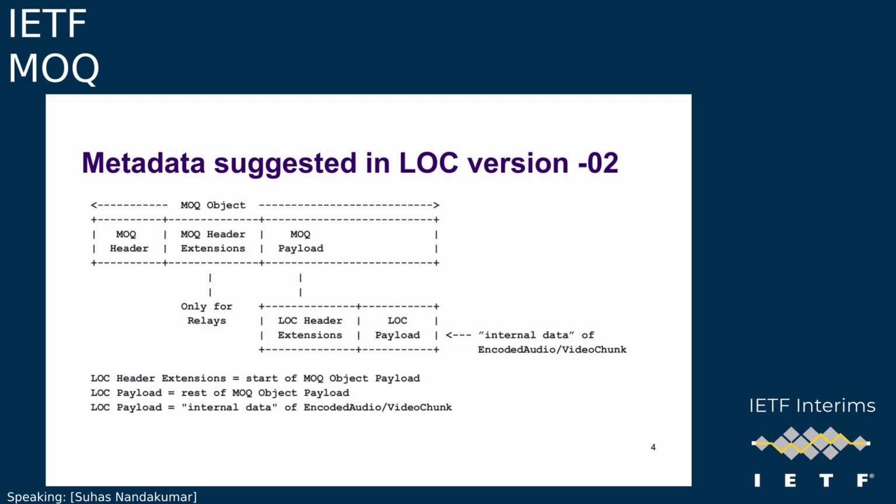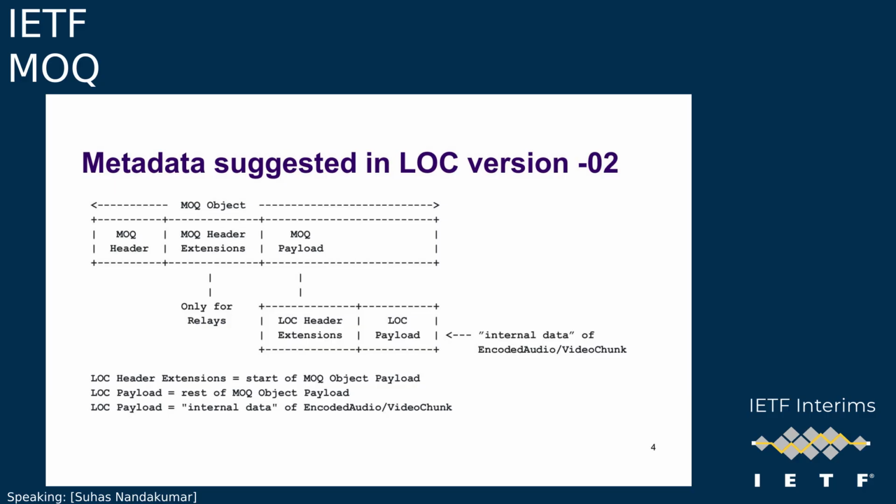So I have two comments. One is that regardless of what extensions we define to be LOC payload specific or not, the draft should talk about an extension mechanism to define LOC header extensions, and we need to do that in this draft. We might not have anything to start with, but that's okay.